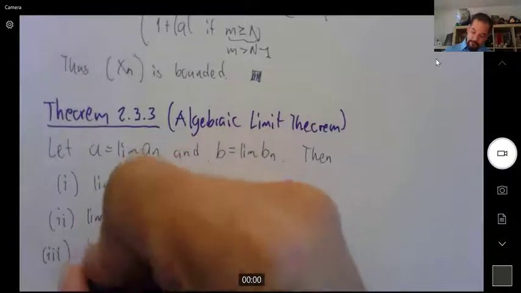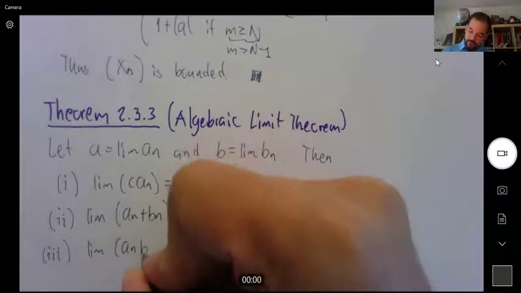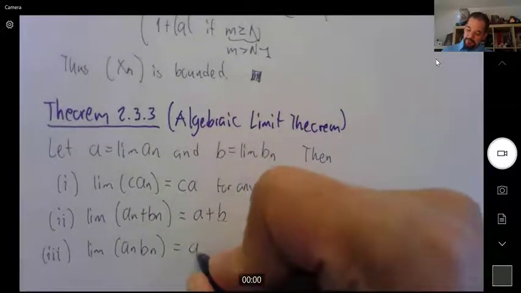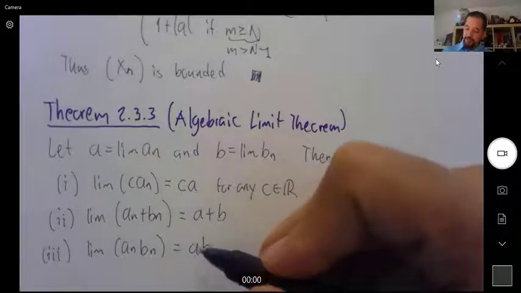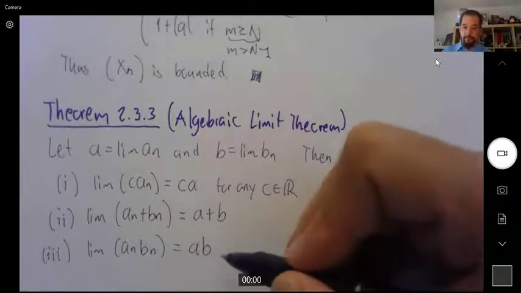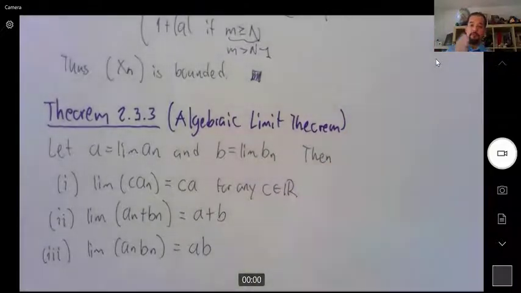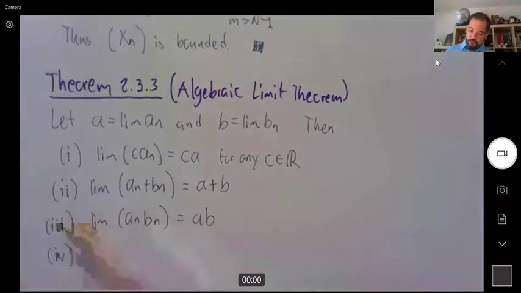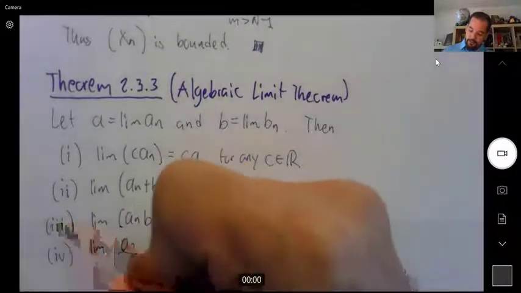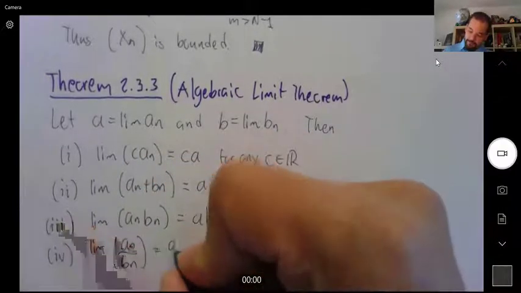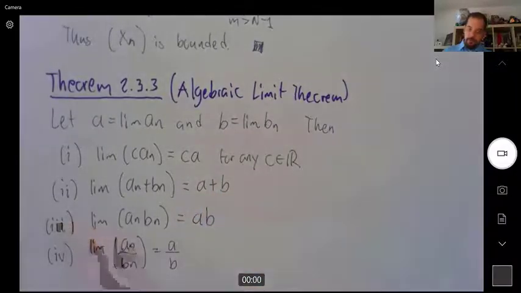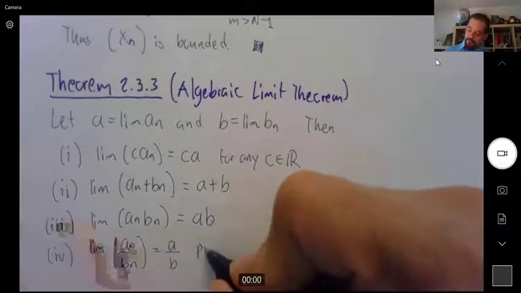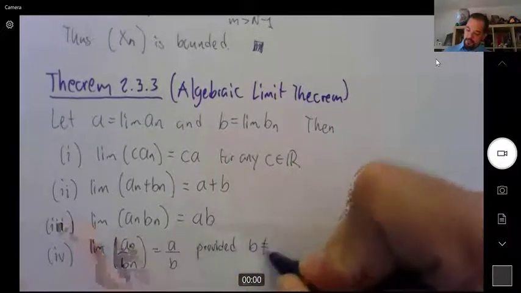Property 3, a similar thing happens with multiplication. If you multiply a_n and b_n, you get something convergent, and the answer to that is the limit of the a's times the limit of the b's, so A times B. Again, what this means is the limit of a product is the product of the limits. And property 4, quotients work too, with a little bit of care, meaning this sequence will be convergent, and it will be convergent to the limit of the a_n's divided by the limit of the b_n's, provided B is not 0.